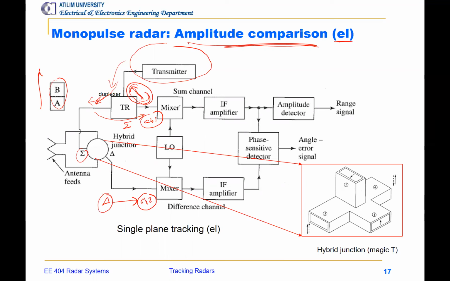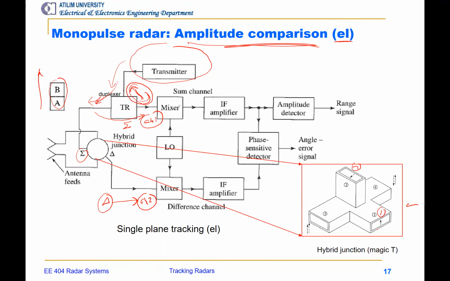Okay, how do we do this? By using a hybrid junction. A hybrid junction is an interesting microwave device. It has 4 ports here, as you can see. Usually this port and this port are inputs.